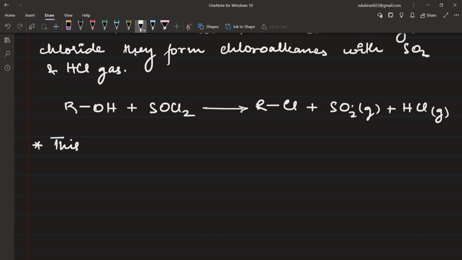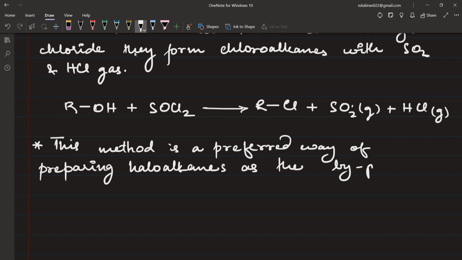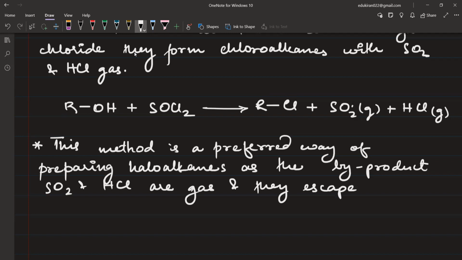This method is a preferred way of preparing haloalkanes as the byproduct SO2 and HCl are gas and they escape easily. Hence, no separation is needed.